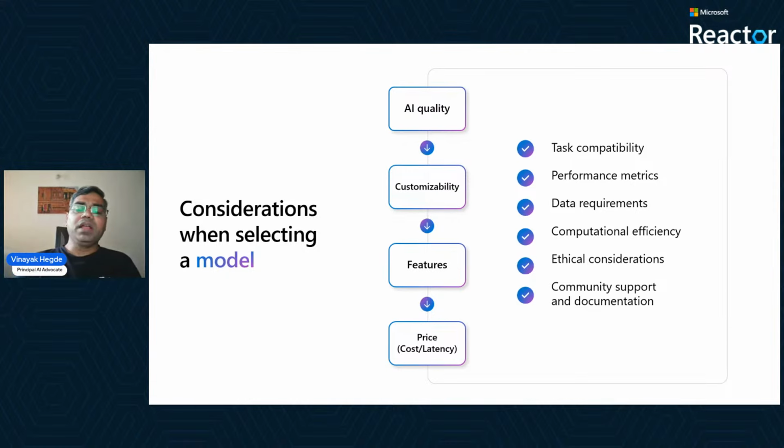Next, you would look at the features that are available. Does it support a certain language, or does it support multimodality, if that's important to you? And finally, when you're deploying this in production, you have to consider price, which is a very critical factor. Consider both the initial cost of acquiring the AI solution and the operational cost for maintenance and updates.